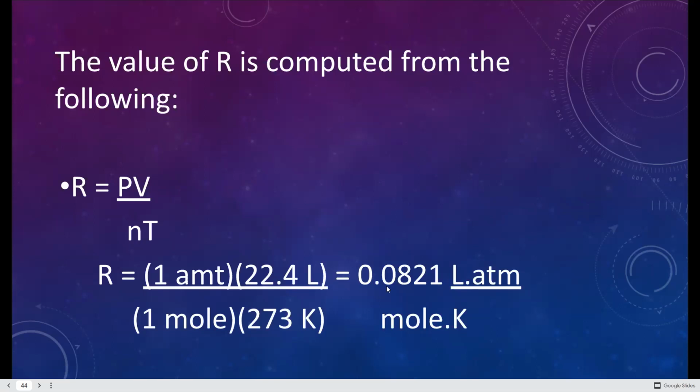So this is constant, based on Avogadro's law and Boyle's. When you say constant, it will never change because it's constant. Do you have any questions so far? None. Okay, let's continue.